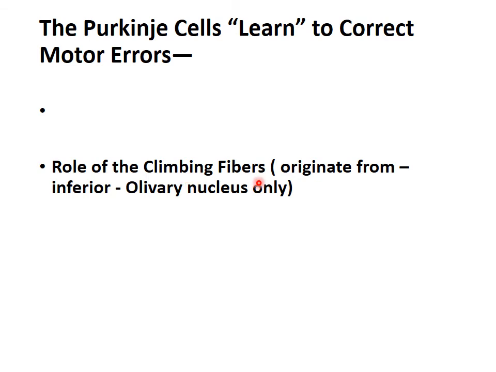So the climbing fibers only originate from the inferior olivary nucleus, and this is responsible for learning to correct the motor errors. So as the child grows, inferior olivary nucleus function is more, but this nucleus is not very active at the end of the growth.